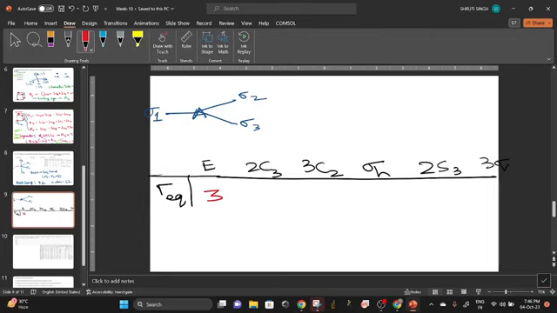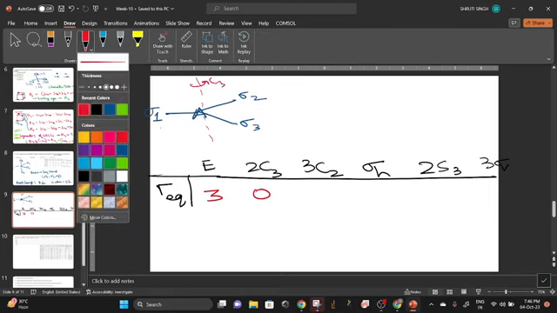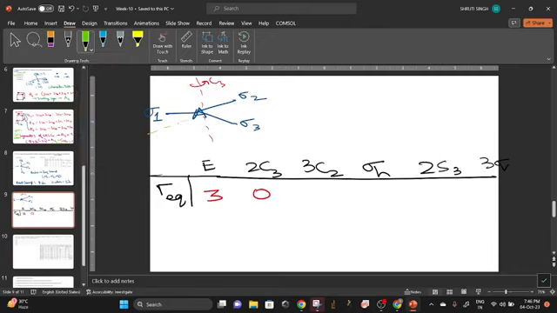When we apply C3, C3 will be from the top, right? If we apply C3, all three will change places. So the number of unshifted atoms is 0. On applying C2, C2 will be along the bond. This is C3, C2 will be like this, along the bond.